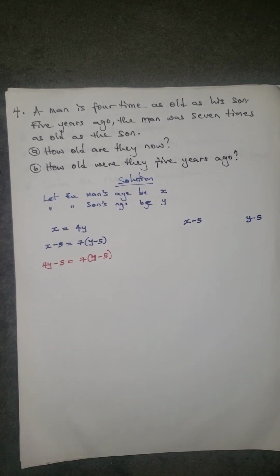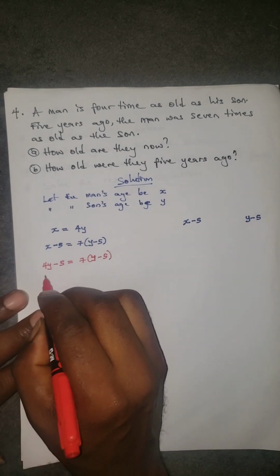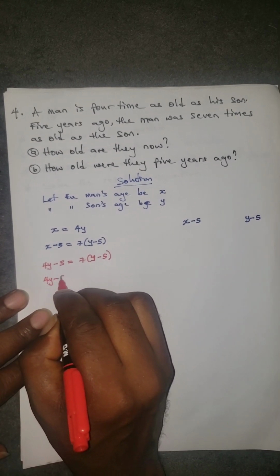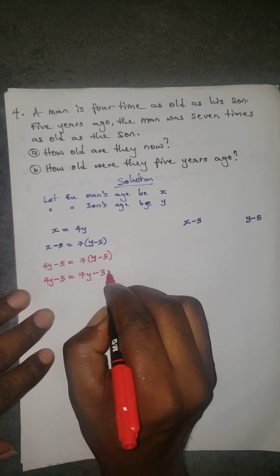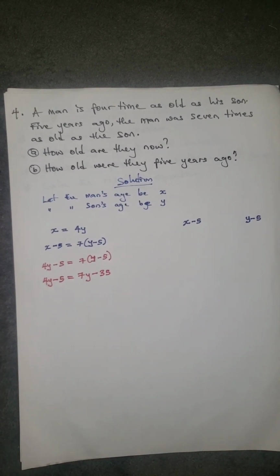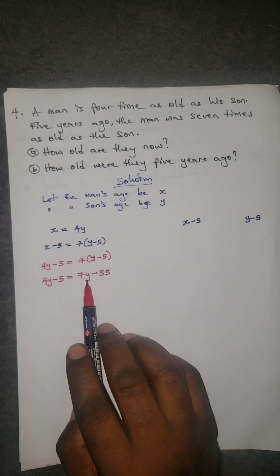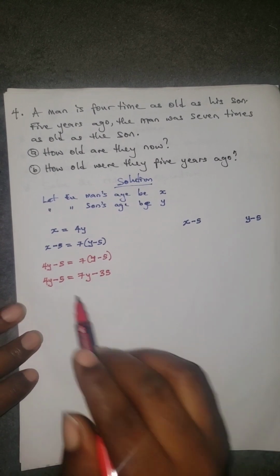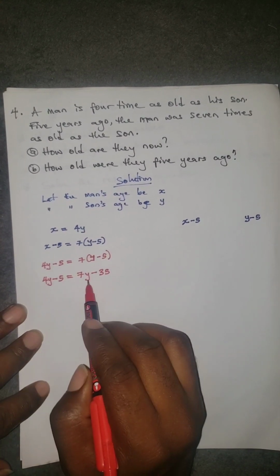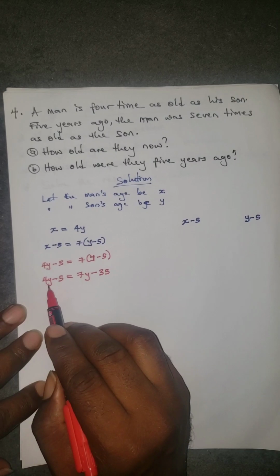Okay, so open the bracket and solve. That will give you 4Y minus 5 equals 7Y minus 35. Okay, so you already know how I solve my problems. I always keep the bigger variable and move the smaller variable. So the bigger variable of Y is 7, while the smaller is 4.